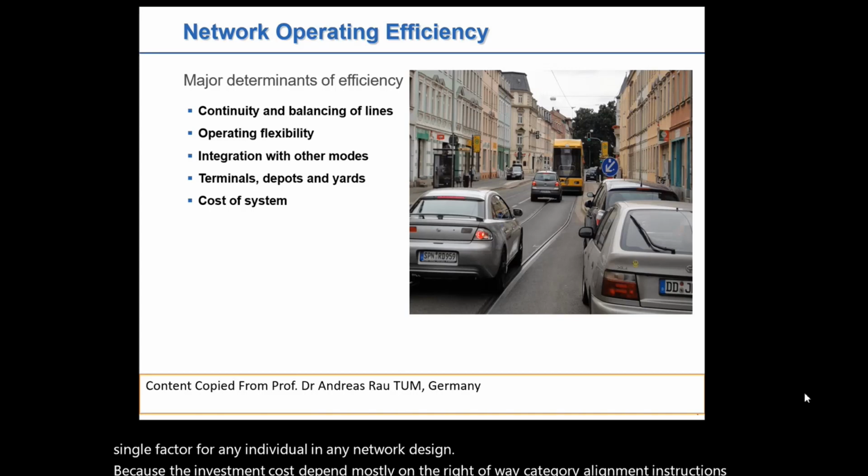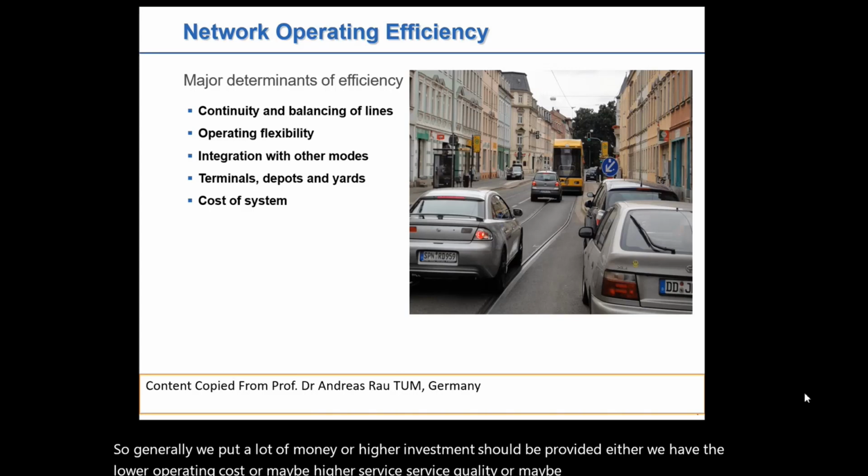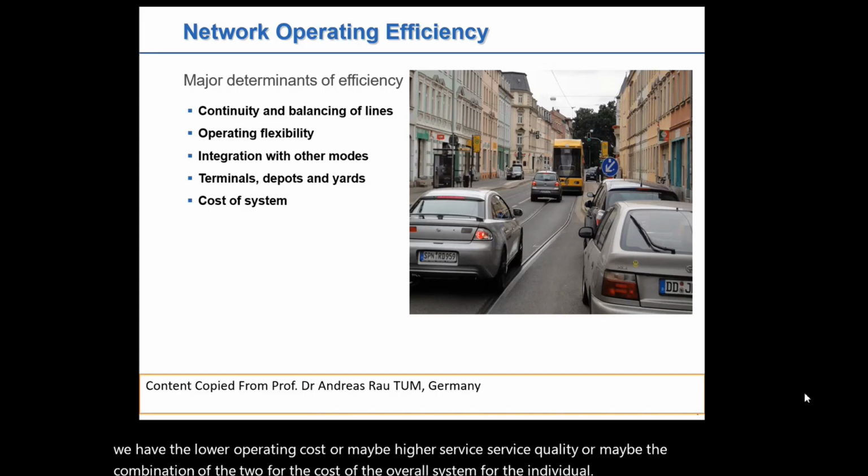So generally where we put a lot of money or higher investment, it should provide either lower operating cost or maybe higher service quality, or maybe the combination of the two. So the cost of the overall system for the individual should be affordable.